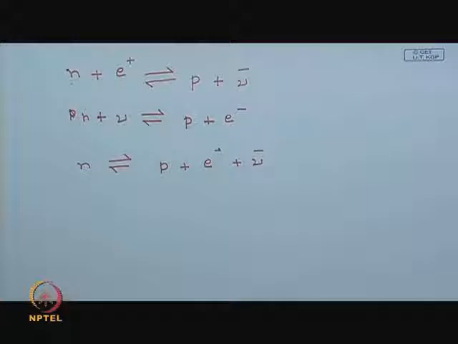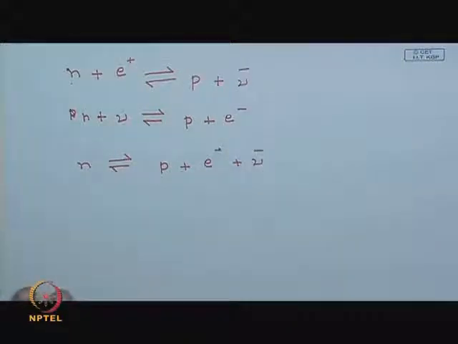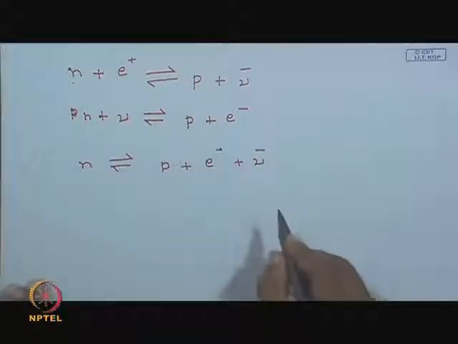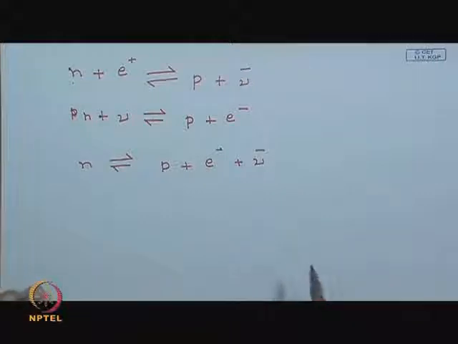At sufficiently high temperatures and densities, these reactions are in thermal equilibrium. Now, at the temperatures that we are interested in, of the order of 10 to the power 10 Kelvin, the neutrons and protons are essentially at rest, since the temperature is smaller than their rest mass.